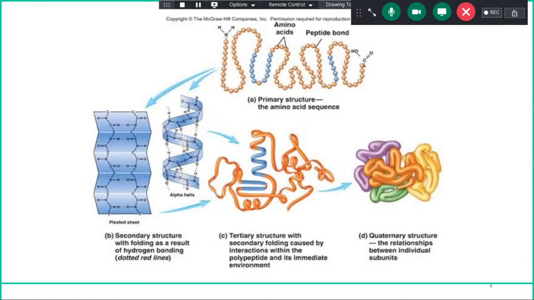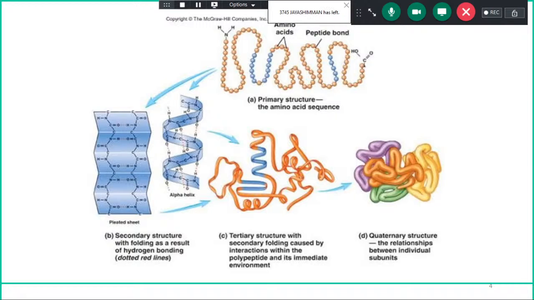When these secondary structures in a protein come together and make a complex 3-dimensional structure with multiple folding and different types of interactions like hydrophobic interactions, van der Waals forces and ionic interactions as electrostatic linkages, even disulfide bonds occasionally and hydrogen bonds, all these together make the 3-dimensional structure of the protein, which is the most stable form of protein, and it is required for the biological activity of the protein.